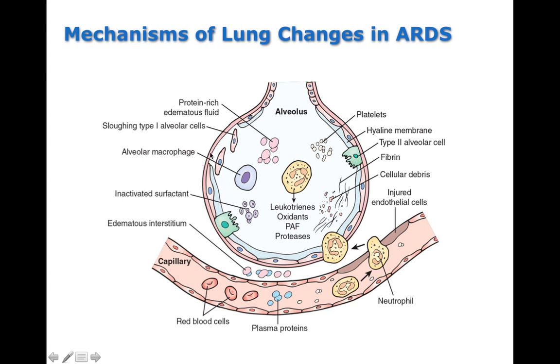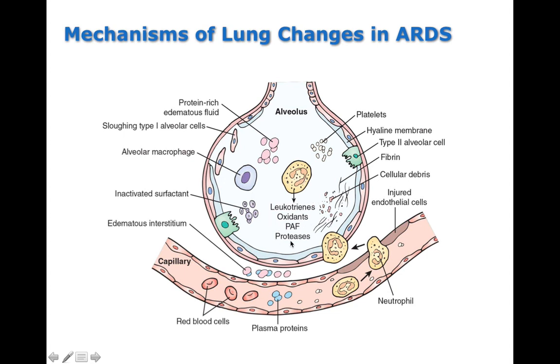Damage can come about in a wide variety of ways, but ultimately, when you lose the alveolar cells, protein-rich exudate gets forced across this damaged wall and enters the alveolus. This can cause an inflammatory immune reaction where macrophages and other leukocytes enter the alveolus and start to clean up this debris.